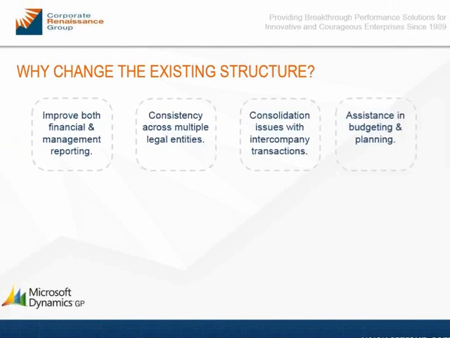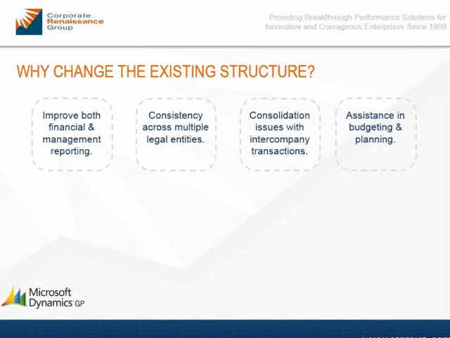Assistance with budgeting and planning. Sometimes the sheer number of GL accounts in a structure makes it difficult to effectively implement a budgeting solution. It may make it difficult to track actuals versus budget, because we've got budget set on a certain set of accounts and actuals are coming in on a whole load of other ones, and we can't compare the two to do any sort of meaningful variance analysis.